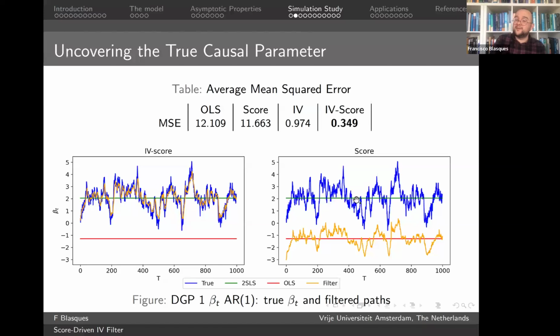So the blue line here is the true time varying beta. And the first thing to notice is that if you would do just IV, right? So if you ignore the time variation in the parameter, just do IV, well, at least you'll get that average, right? So this is also not surprising.